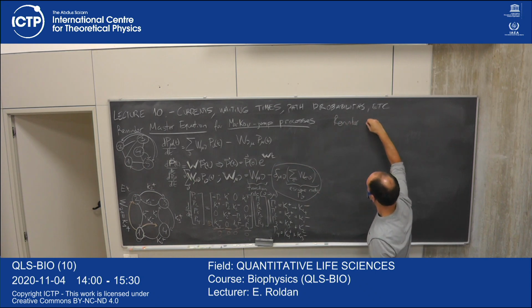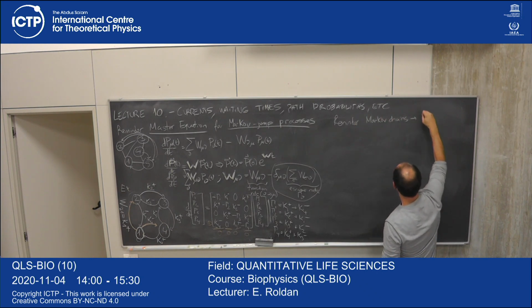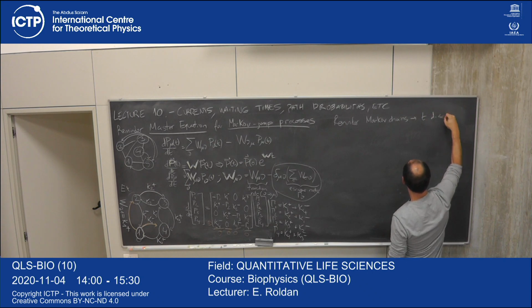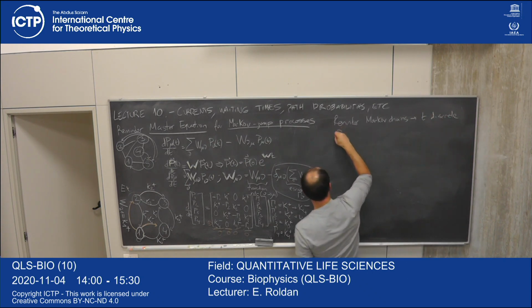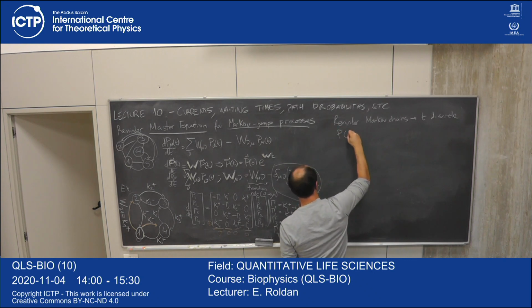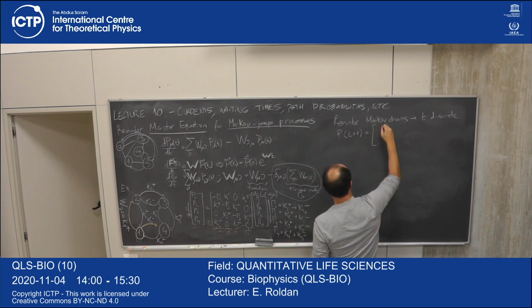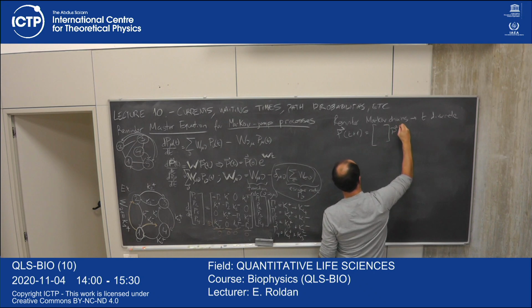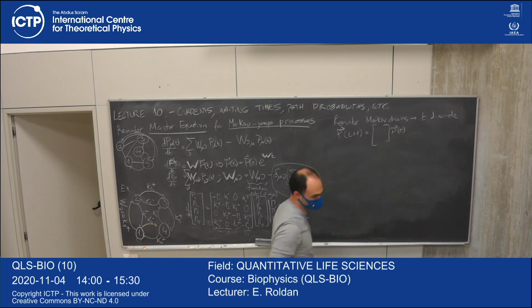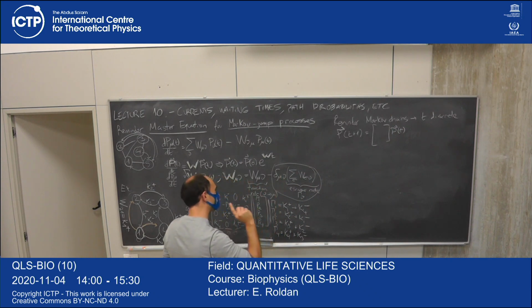Remember, in discrete time, this is a reminder, for Markov chains, t is discrete. And we had something like p of t plus 1 equals a matrix times p of t. You remember this, no? Go to the examples and you will see.